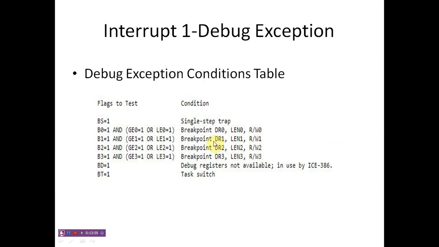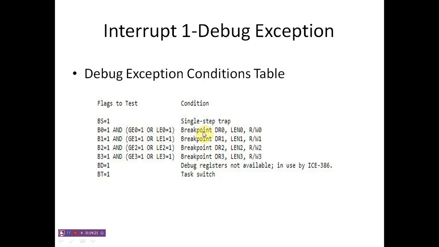Here in this table, the BS bit set to 1 causes the single step trap debug condition to occur. Next, B0 is 1 and G0 or LE0, that is global exact 0 or local exact 0, is equal to 1.